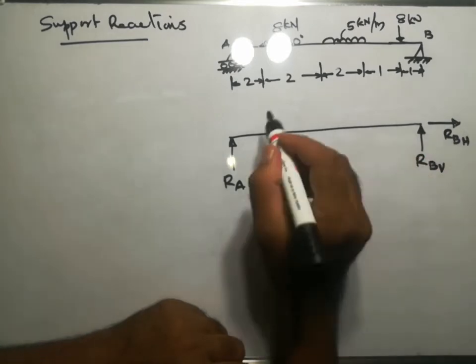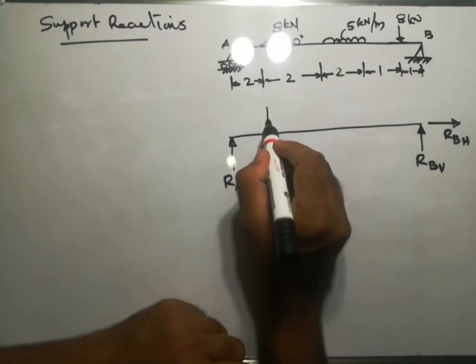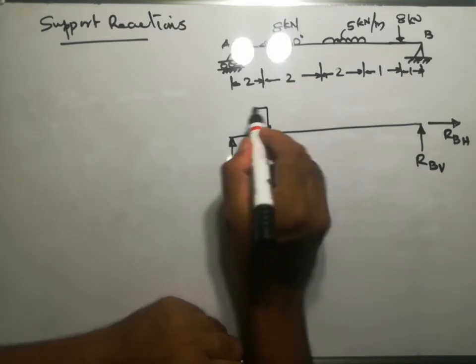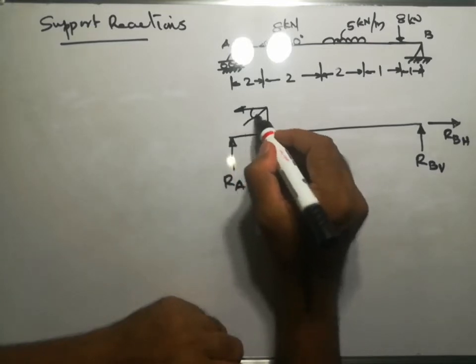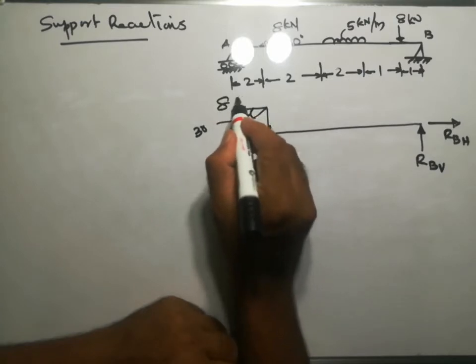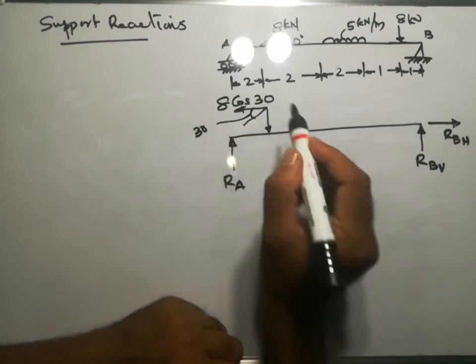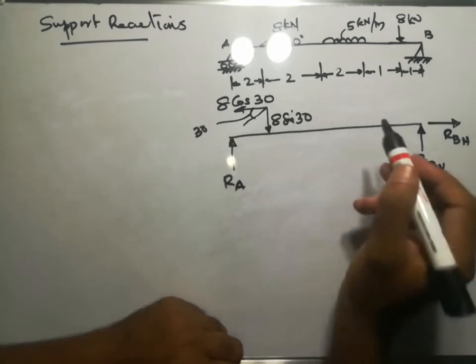Now we will show the other forces. For the 8 kilonewton force, these are the components. This is the horizontal component, this is the vertical component. This will be 30-degree angle, and this will be 8 cos 30, and this is 8 sin 30.